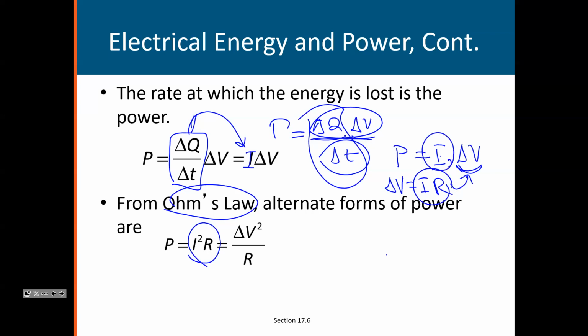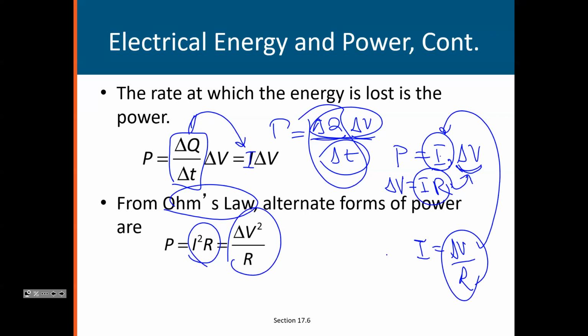I can substitute for I from Ohm's law as delta V over R. Then I get this expression for the power. So instead of saying P equals I times V, I can also say it is equal to the potential difference squared divided by R.